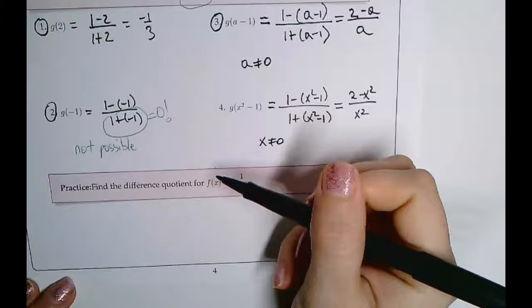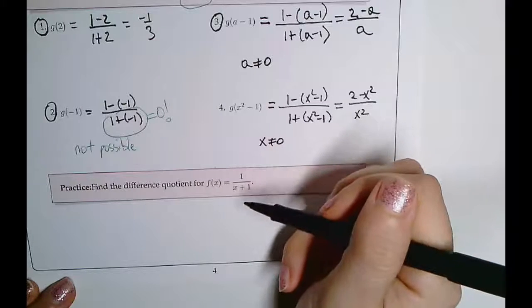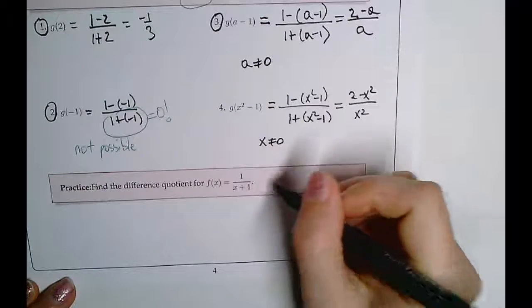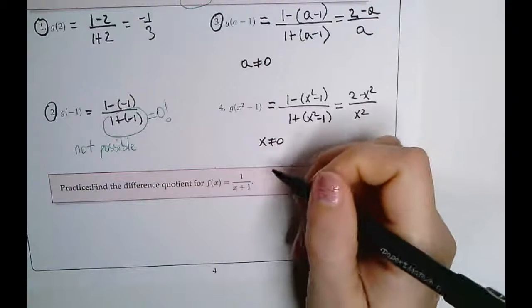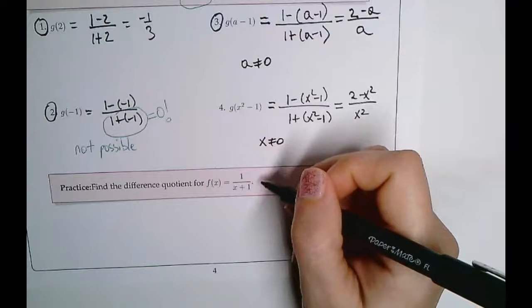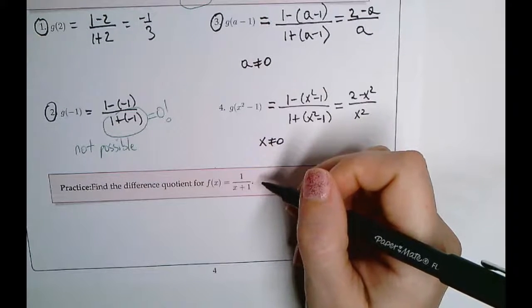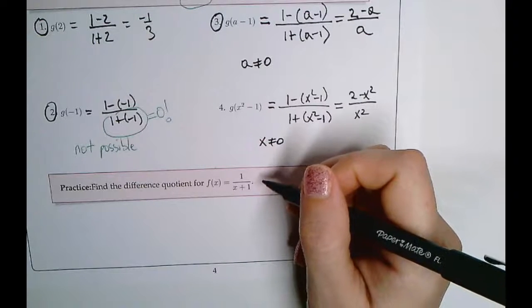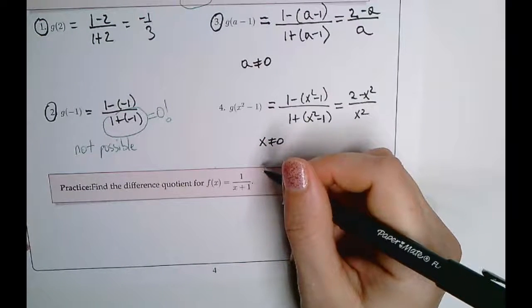Now find the difference quotient for f of x equals 1 plus x plus 1. Again, why is this going to be important? Well, this question is actually asking you to find the derivative of f of x. You'll find out later in calc. So let's practice.